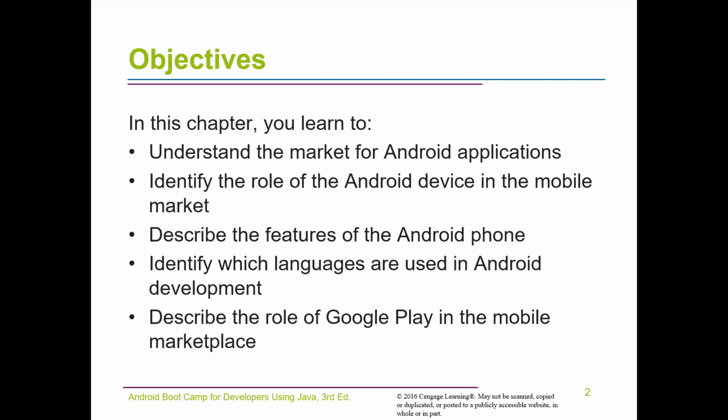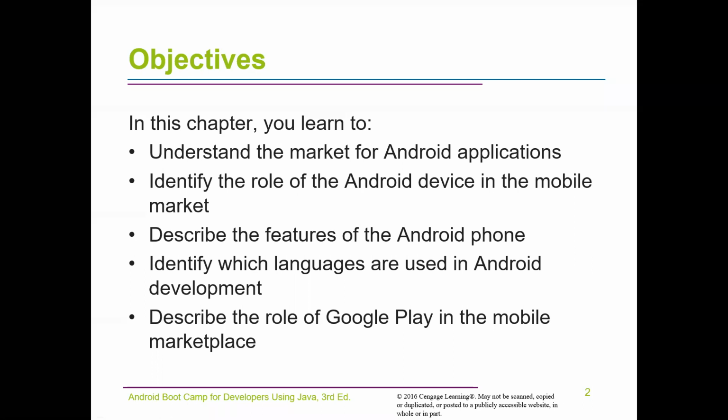Also part of the objectives: what are the roles that we need to identify based on different devices in the mobile market? Later on we could discuss those things and also the features that Android phones have.